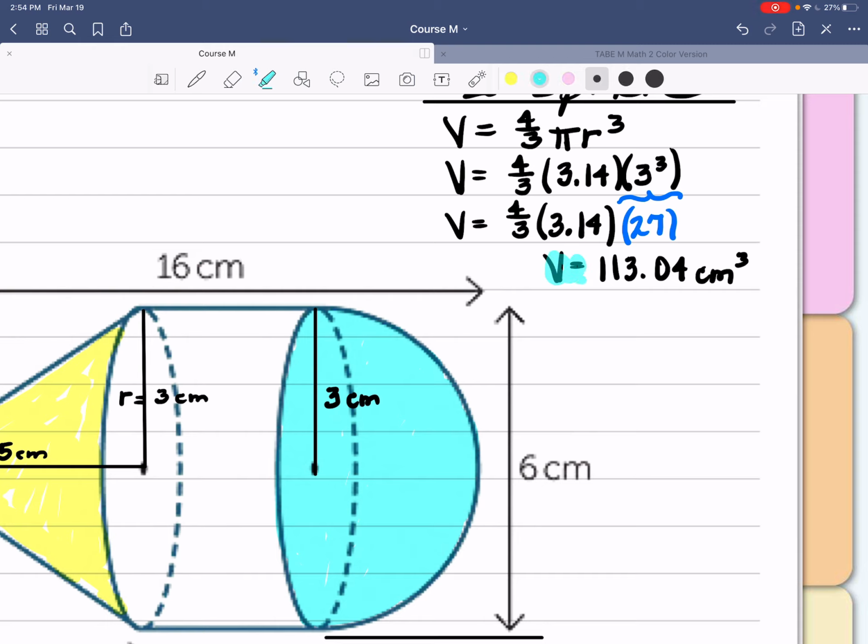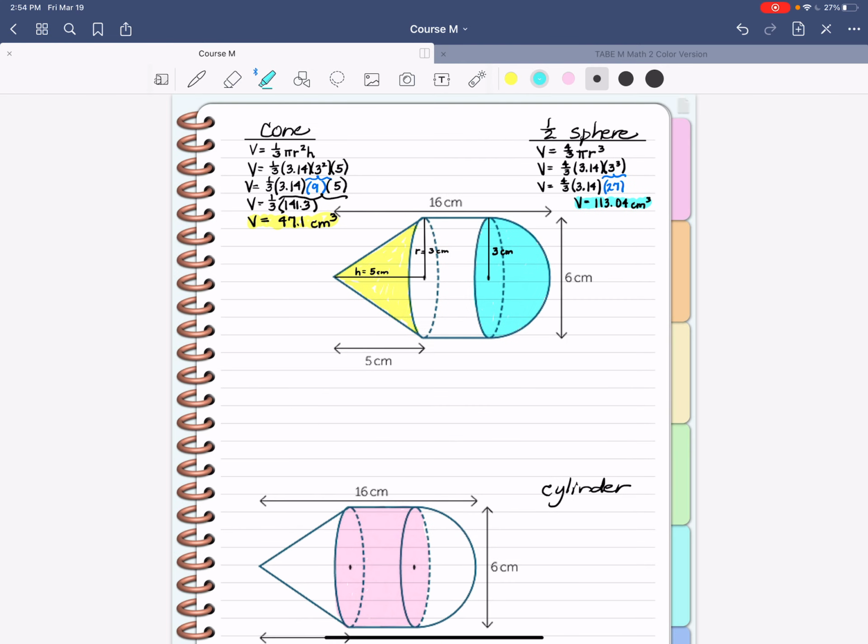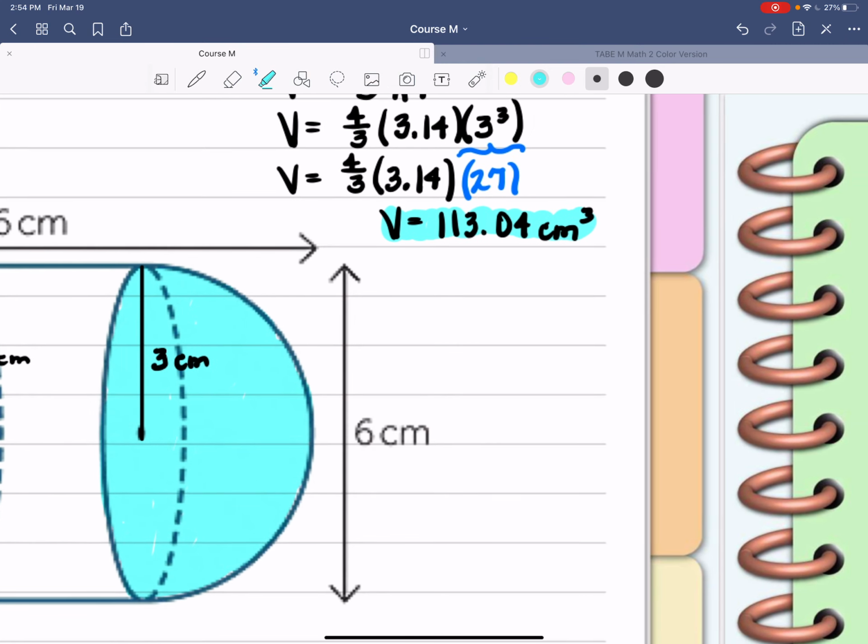So far, so good. We have found the volume of both the cone and the sphere. Now, be careful. Do we have a whole sphere? No, we only have half.